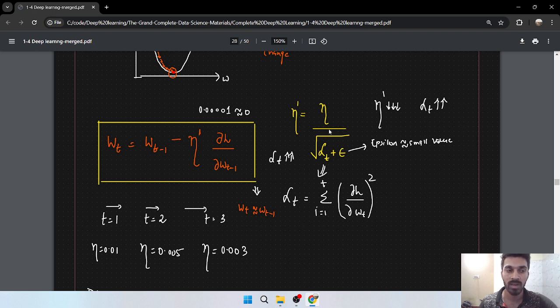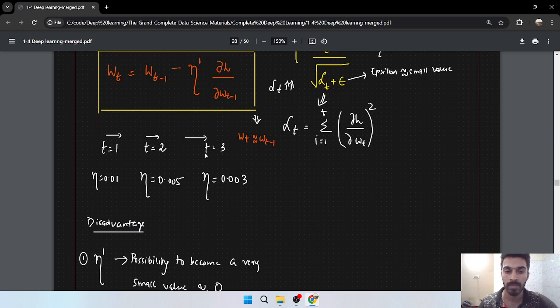So the formula is eta dash equal to eta, our learning rate, upon the square root of alpha t plus epsilon. Alpha t is the differentiation of your loss function with respect to w, and plus epsilon is there.